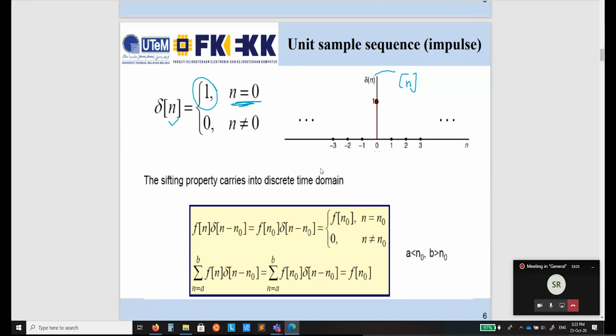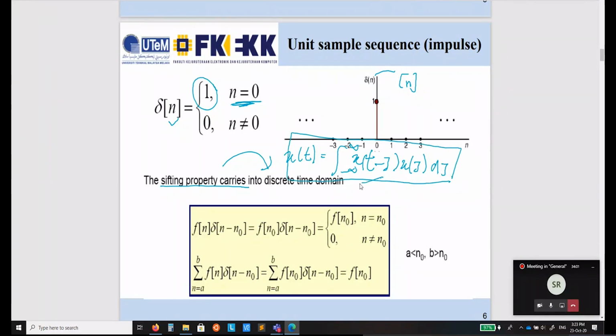Okay. So the shifting property basically carries over into discrete time. This theory is coming from this, the original thing. When we talk about continuous time signals, we deal with the integral, right? Every single thing that happens along this line is considered as delta tau. The summation of delta tau is known as the integral.